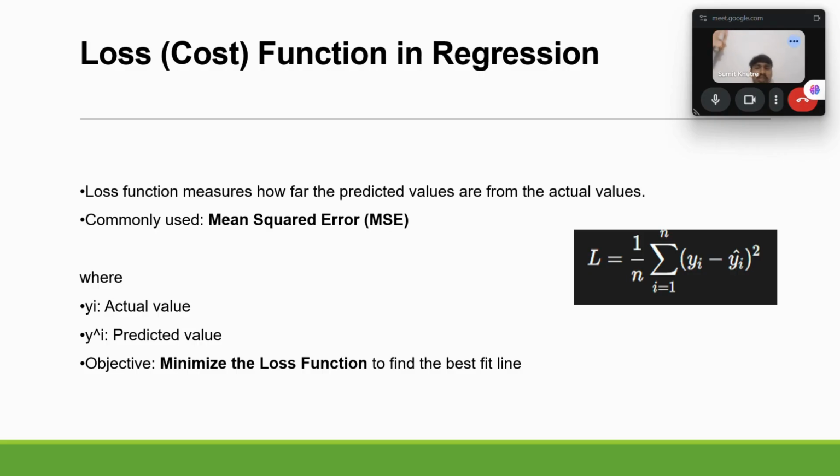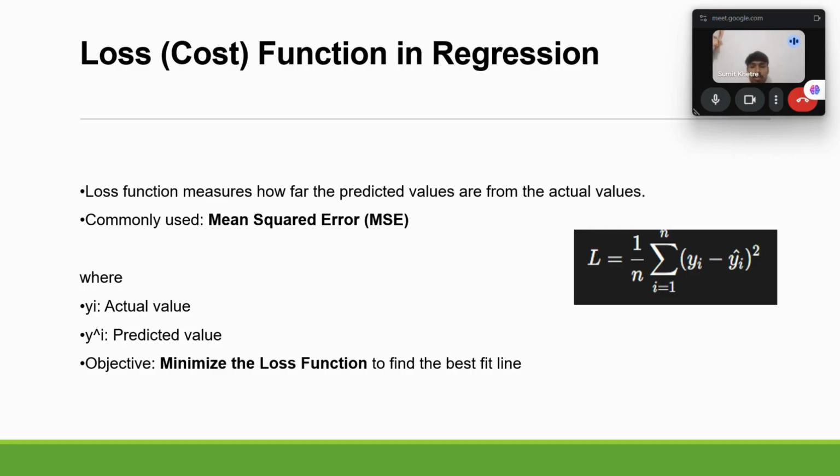Then next we will see the concept of loss function in regression. So what is meant by loss function in regression? Loss means basically the cost. Loss function measures how far the predicted values are from the actual values. The commonly used loss function is mean squared error.